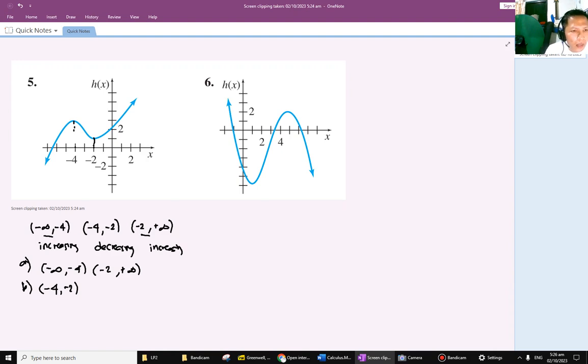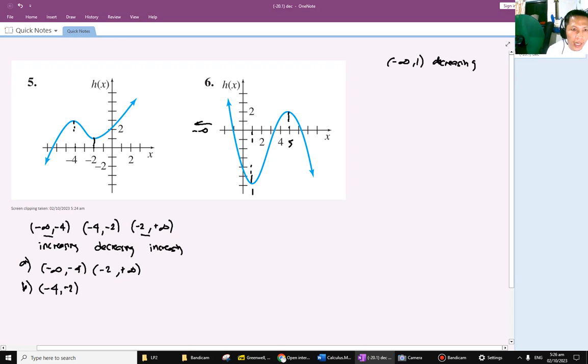Then another one, we have this one here. We can see that this is a positive 1, while this one is, I think, positive 5. So we can safely say that from negative infinity, of course, going there is negative infinity, that's the value of x, up to positive 1, that is decreasing.